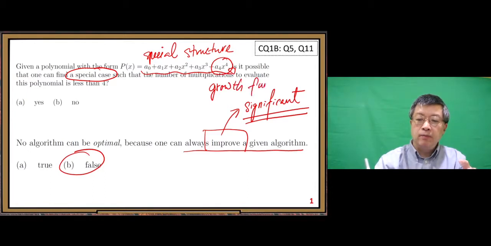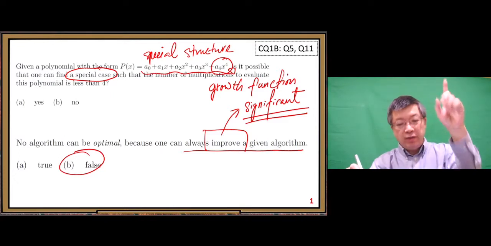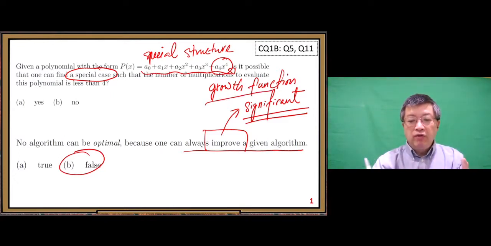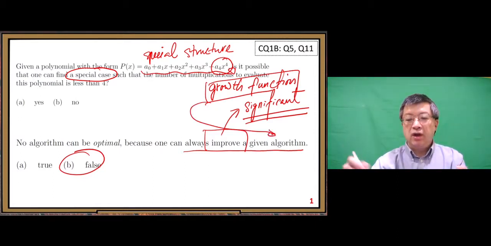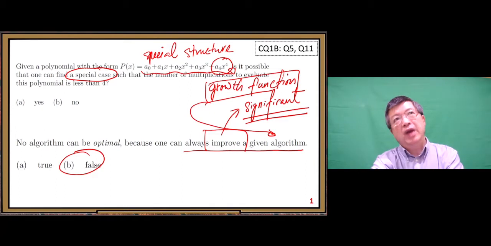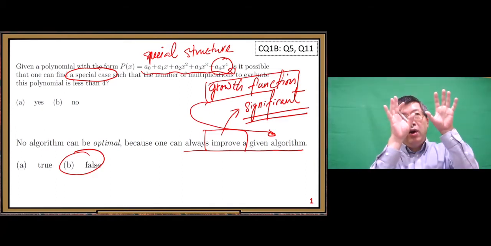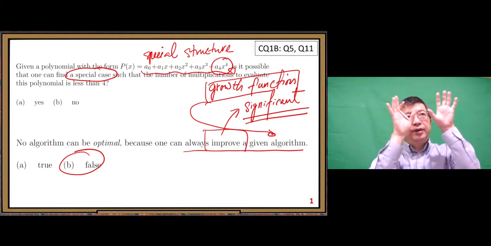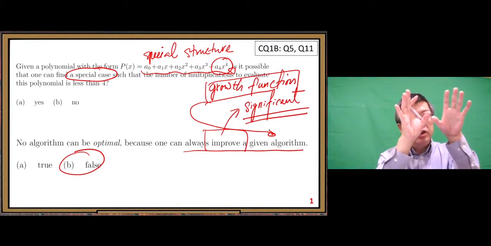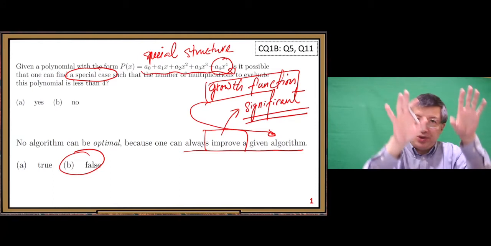So, if we use the growth function concept, when we talk about improvement, you should improve the growth function of your algorithm. Then we can say significant improvement. The order of the growth function should be reduced.